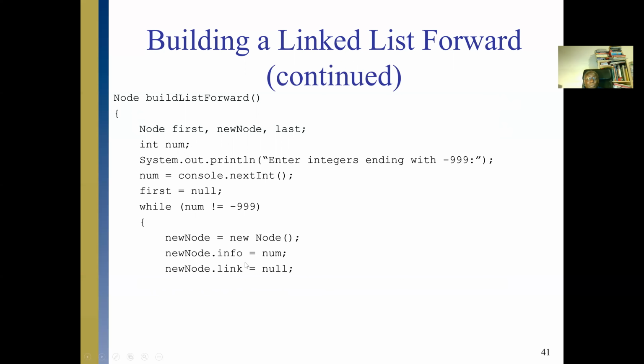Then we assign num to the node, which has 2 parts, the info and the address. So we assign the num to the info part, then the link points to null. Then new node is assigned to new node.link.